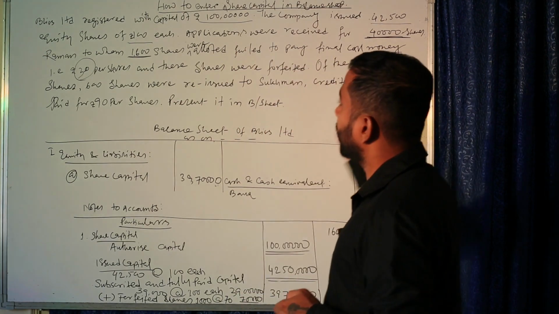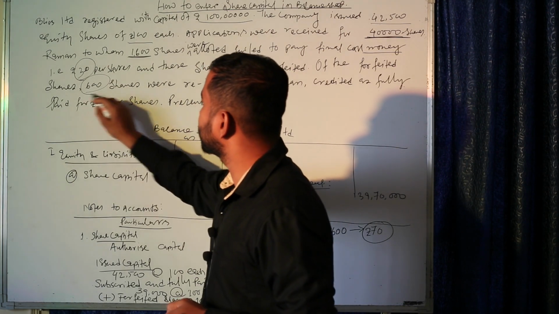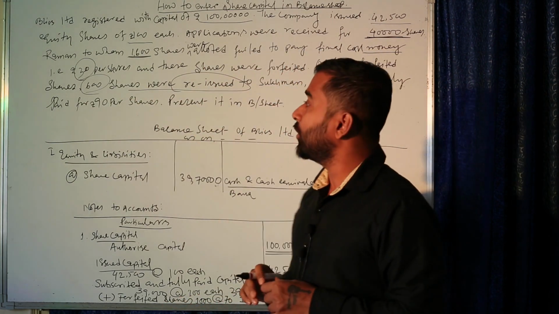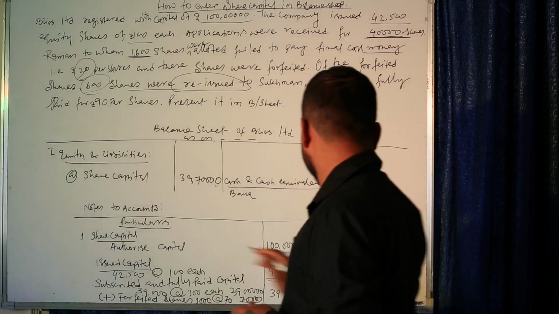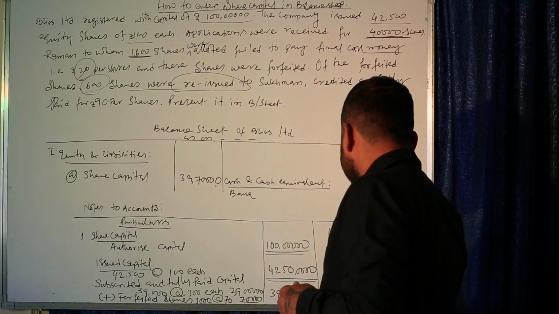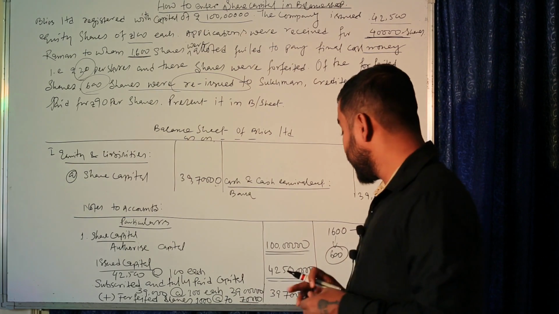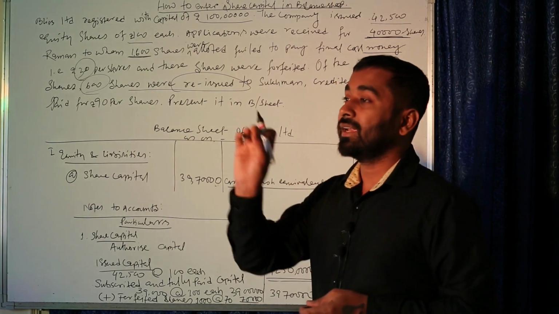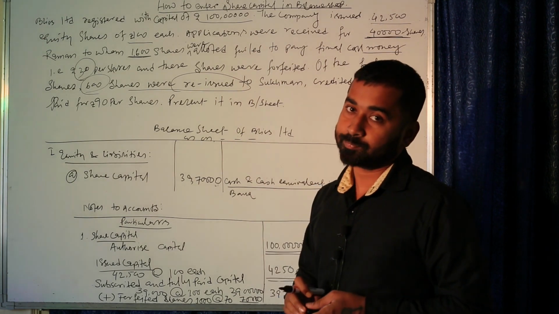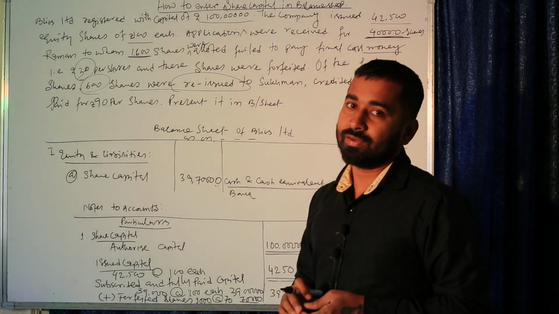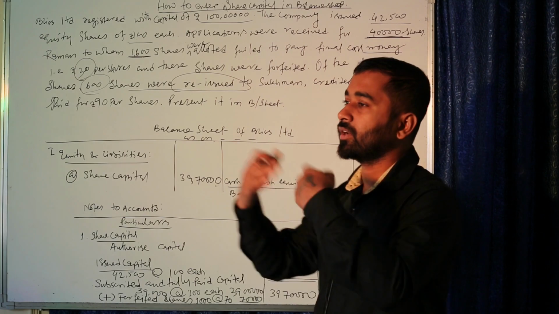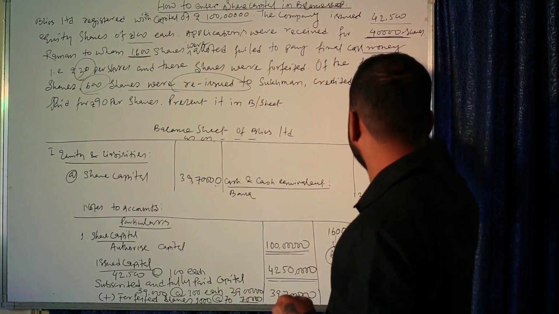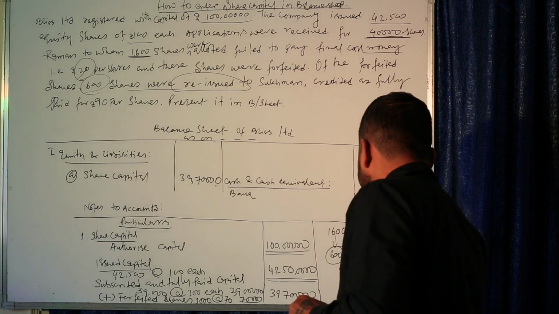Now, of the forfeited shares, 600 shares were reissued. Out of 1,600 shares, 600 were reissued again. So if 600 are reissued, the remaining 1,000 shares are still in the forfeited account. Let's see how to deal with that. But the 600 are again converted into share capital. So now the question arises: a total of 40,000 shares were there.